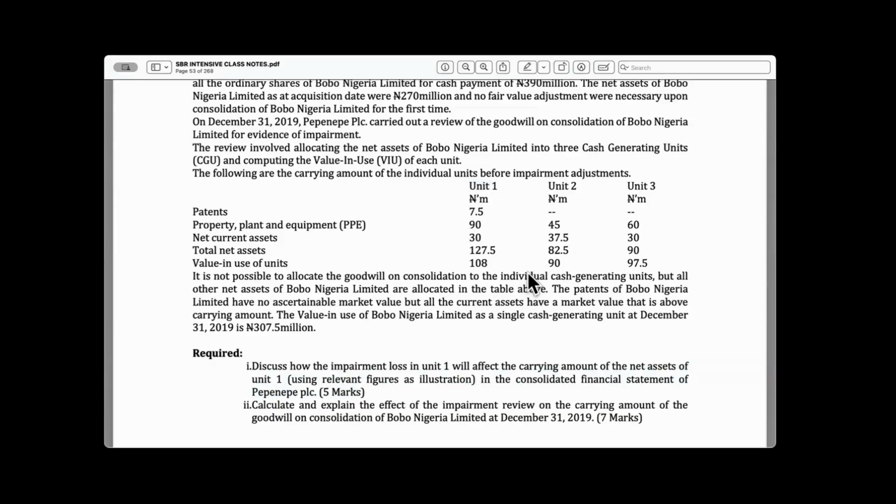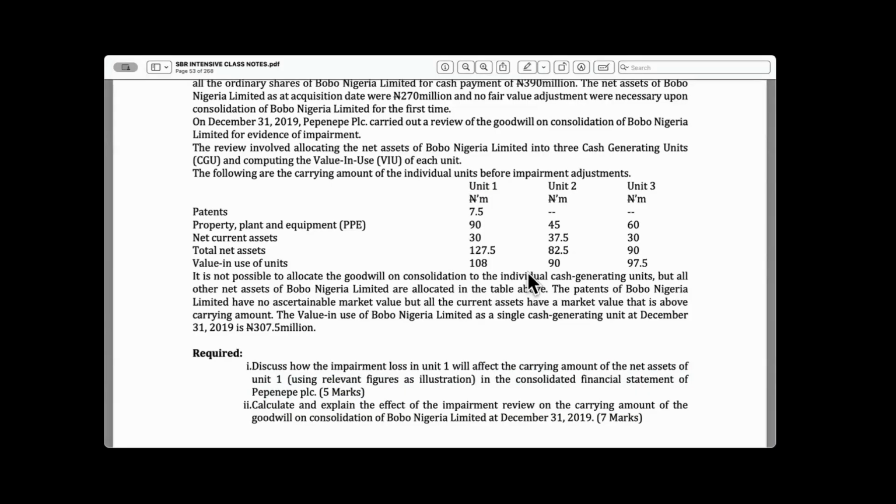For unit one, since the non-current asset has a market value that is more than its carrying amount, it means it is not impaired. So we get the difference between the total net assets for unit one, that is 127, and the value in use, and that is our impairment for unit one.